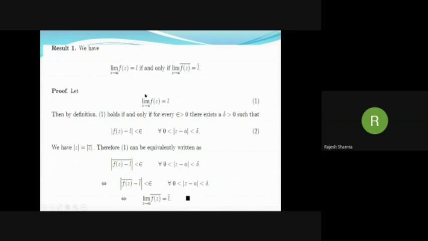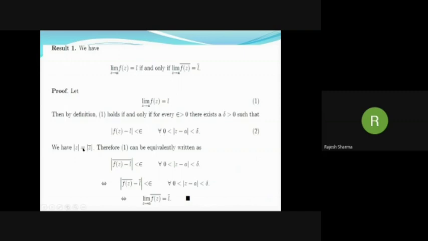Now suppose limit z approaches a f(z) is equal to L. Then by definition, for every epsilon greater than 0, we can find a corresponding delta greater than 0 such that mod f(z) minus L is less than epsilon for all 0 less than mod z minus a less than delta. This strict inequality implies that z is not equal to a.